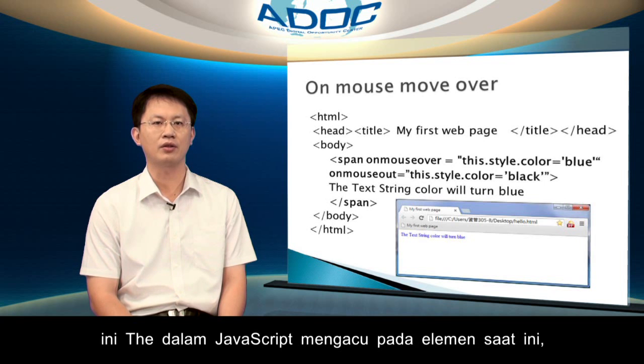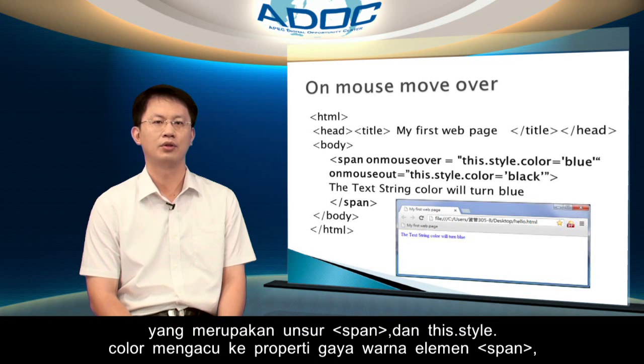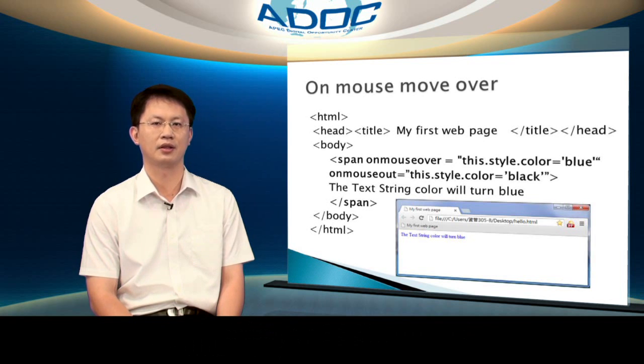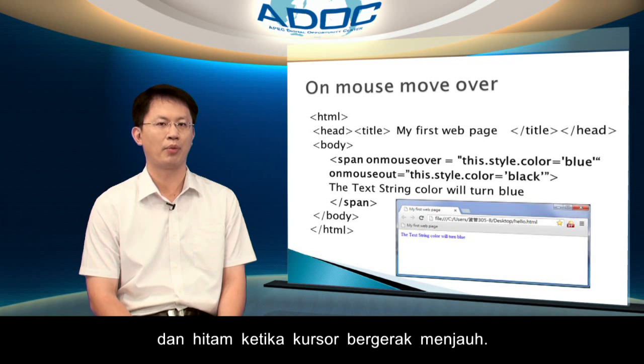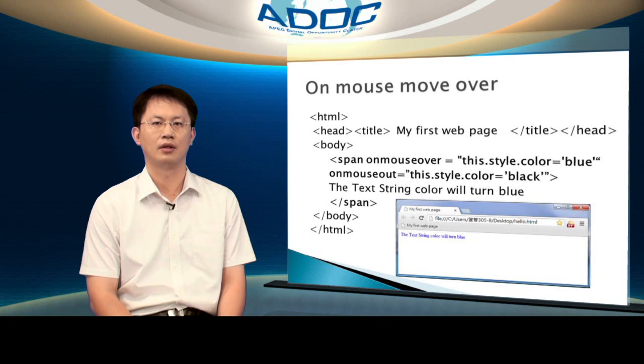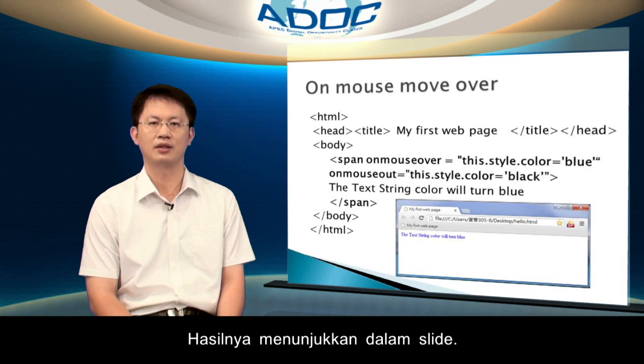In the JavaScript, this refers to the current element, which is the span element. And this.style.color refers to the span element's color style property, which we are setting to blue when the cursor moves over it, and black when the cursor moves away. The result is shown in the slide.